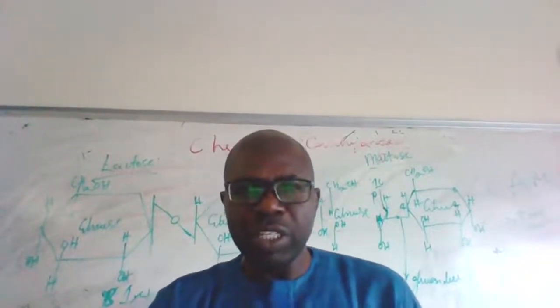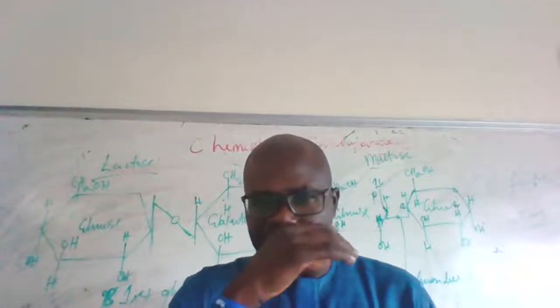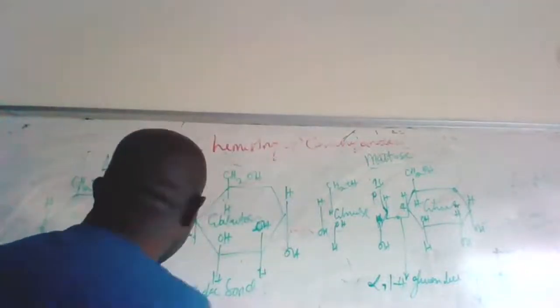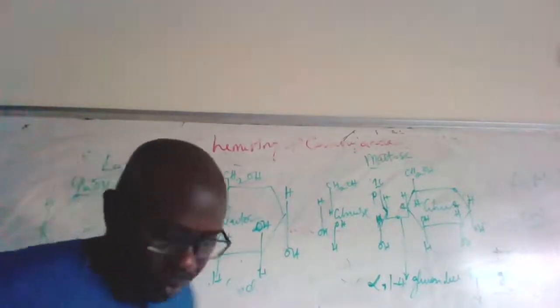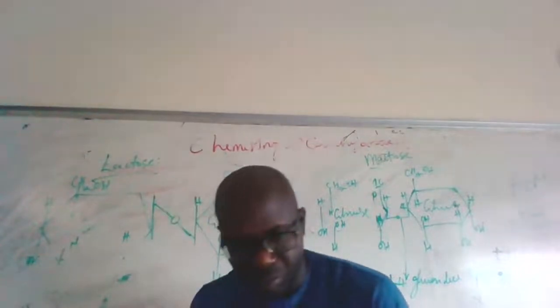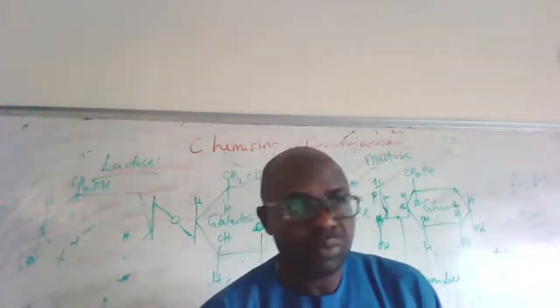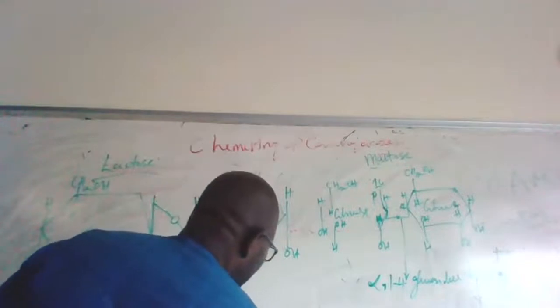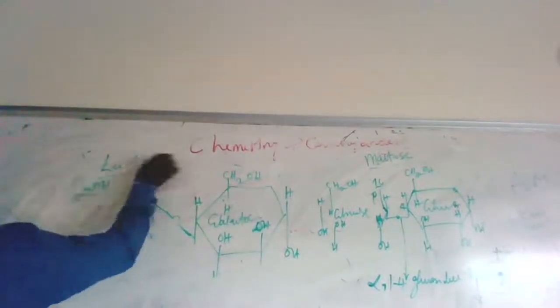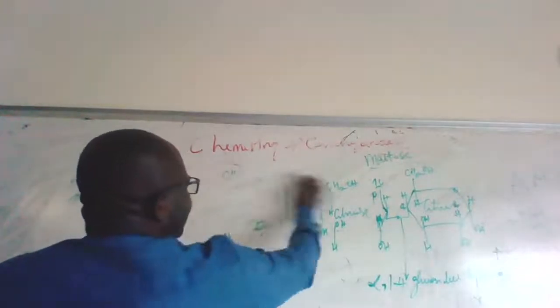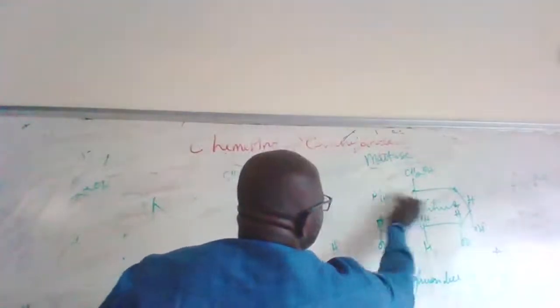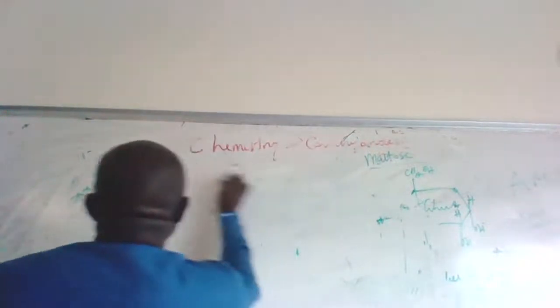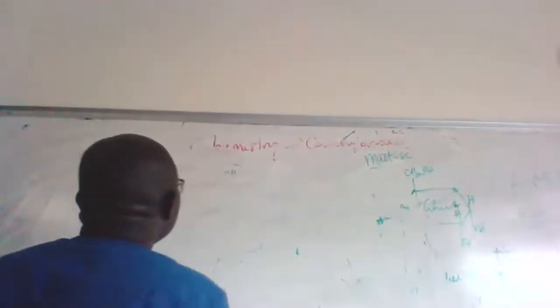So we want to move quickly to oligosaccharides. We have said that oligosaccharides are carbohydrates made from between 3 to 10 monosaccharides coming together.